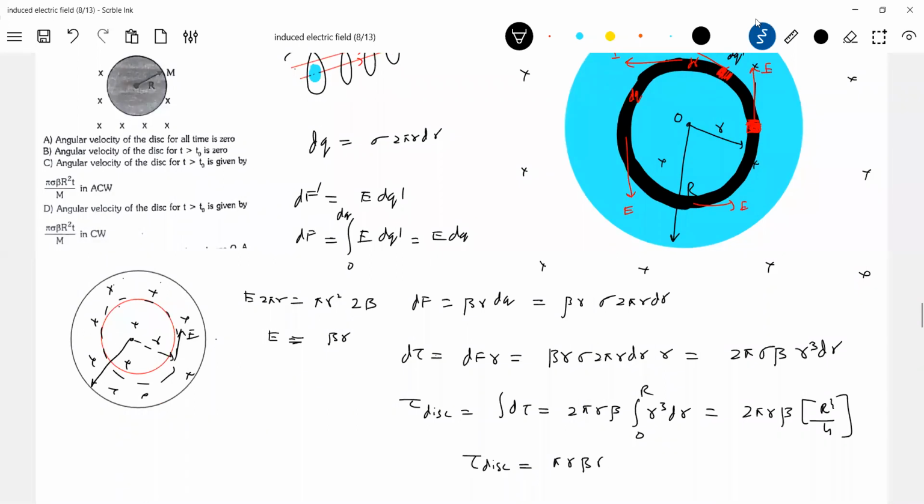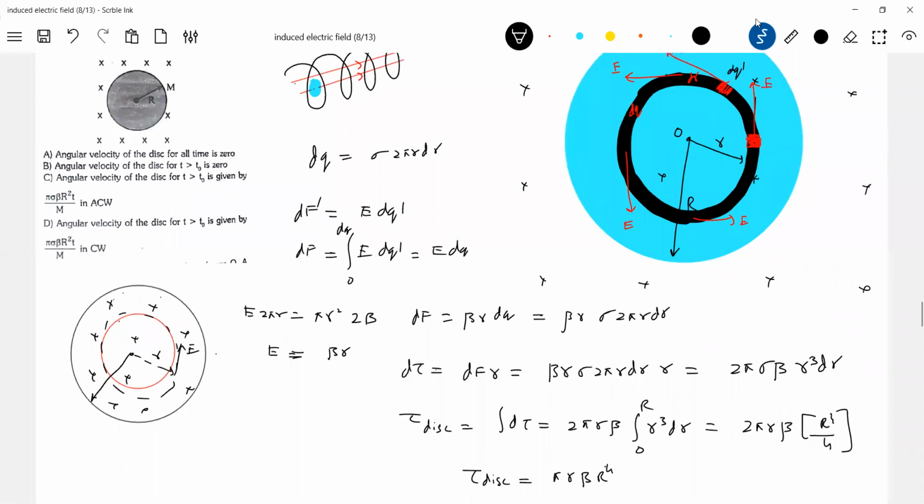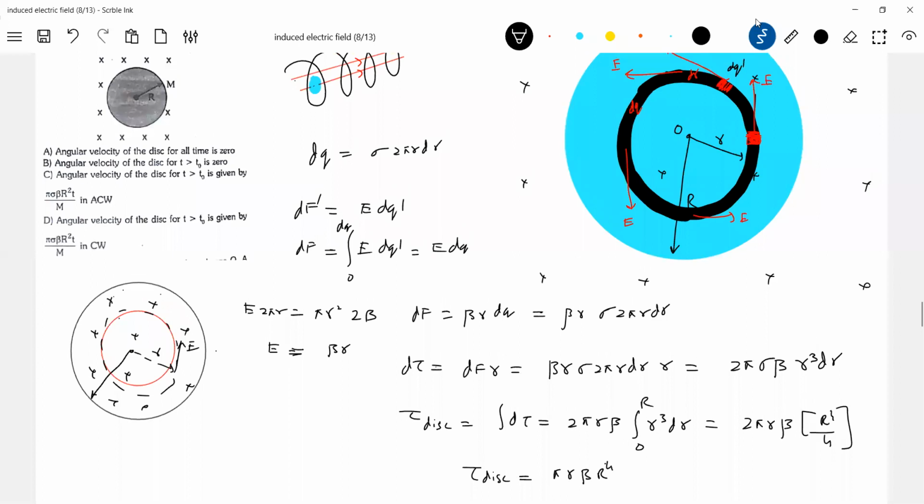That is, pi sigma beta R to the power of 4 by 2. This should be the resultant torque.